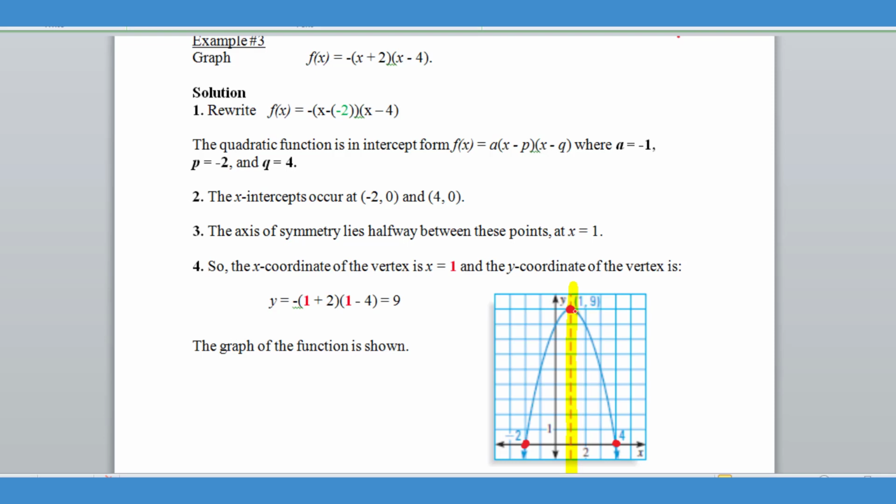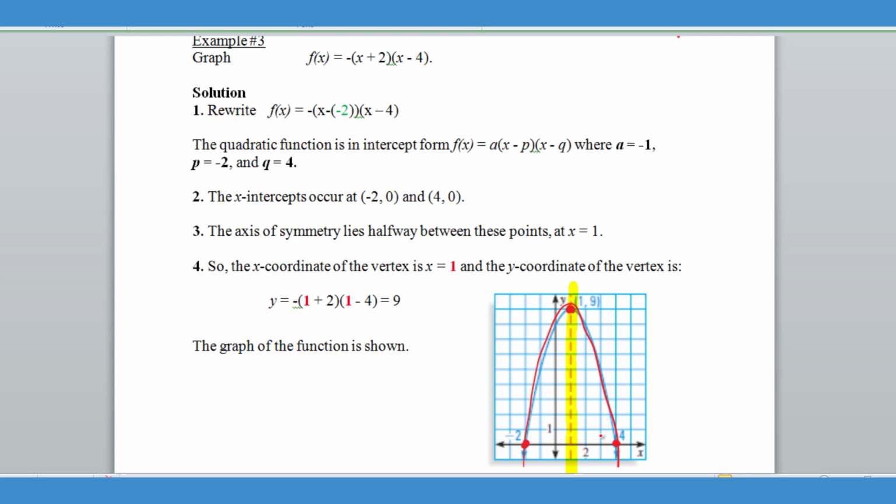Now, if you look really closely at this graph, the vertex is an awful long ways away from the x-axis, and so we could probably sketch this pretty comfortably without having any additional t-chart points. Now, if you wanted to, you could be more than glad to t-chart a couple extra points and get a little better visual.